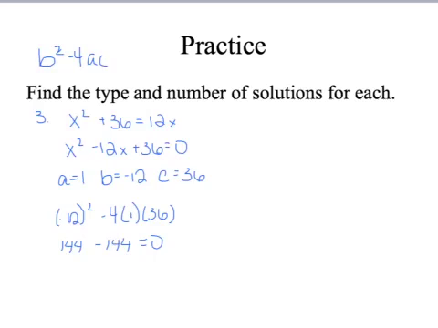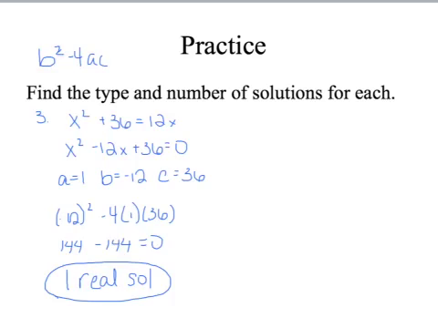So our discriminant is 0. What that means is if I have a 0 underneath the radical in my quadratic formula, I'm going to have plus or minus the square root of 0. It's going to end up to be only one real solution. There you go. So I don't need to know what x is in order to find the type of x that it's going to be.